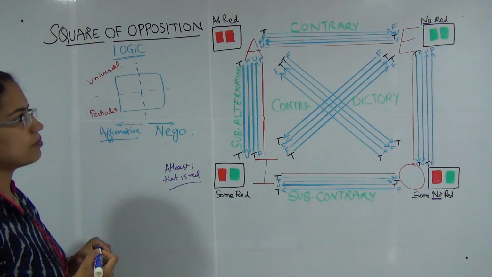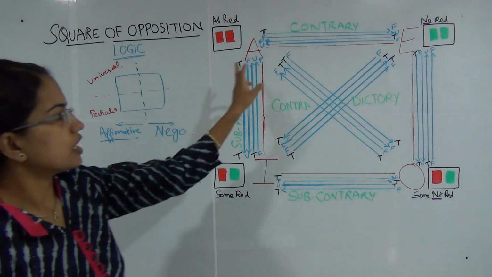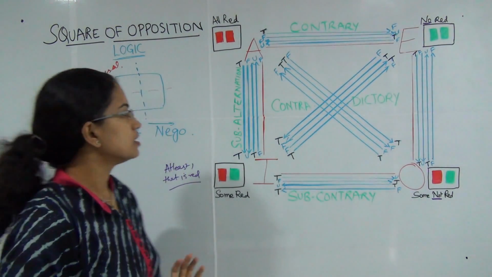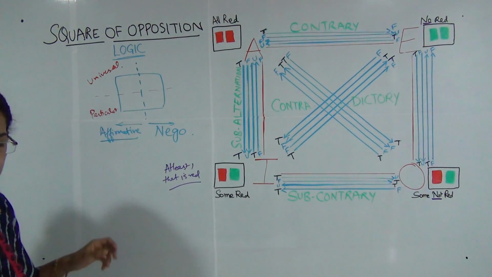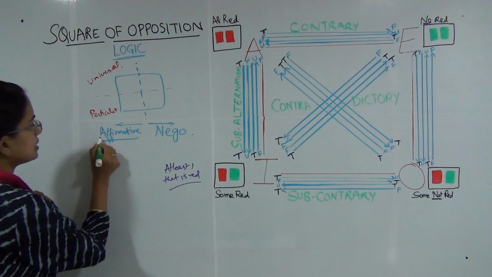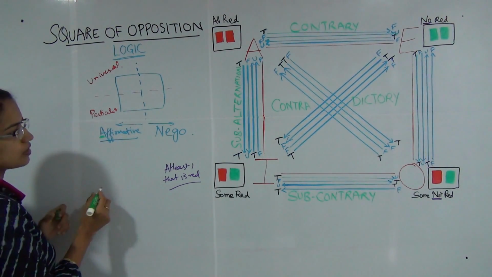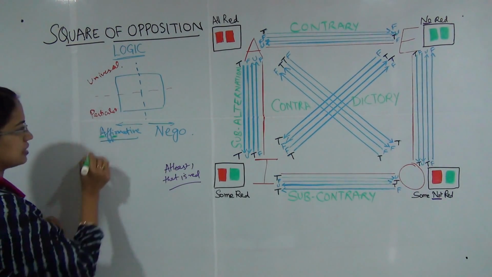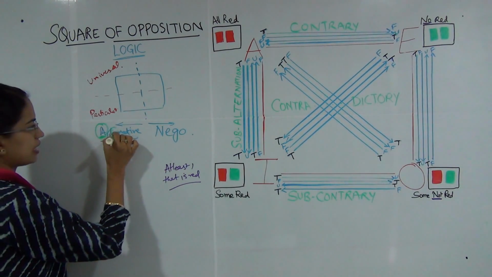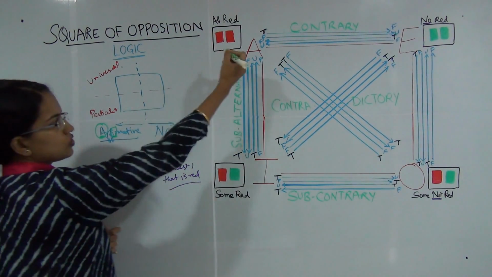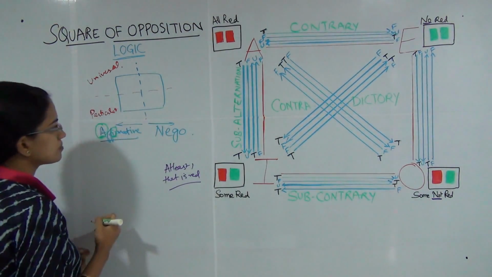Now how do we remember that we are using the words A, E, I and O? The simplest way here is, if I see A is here, and if I see I is here, I am picking the words A and I from affirmative. So these two would be positive statements.